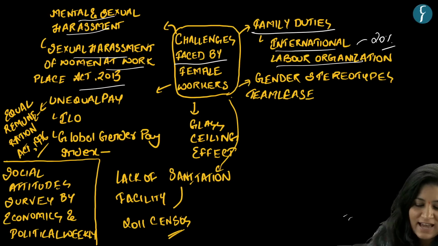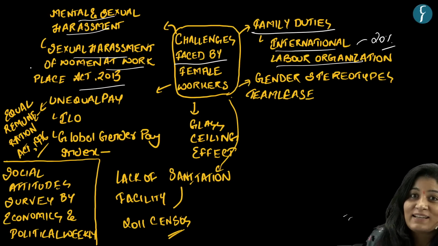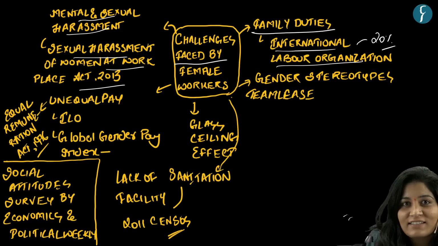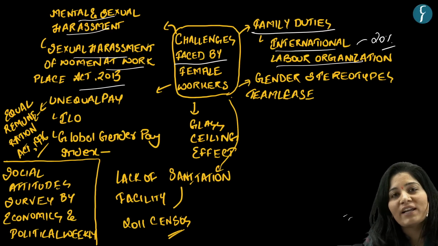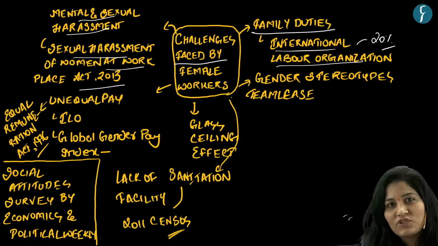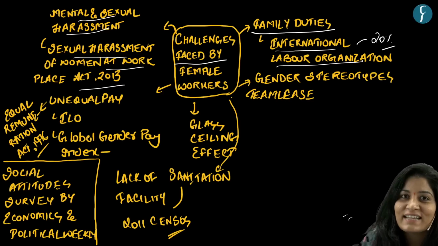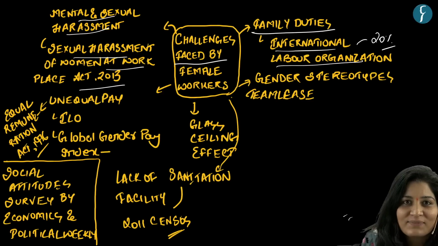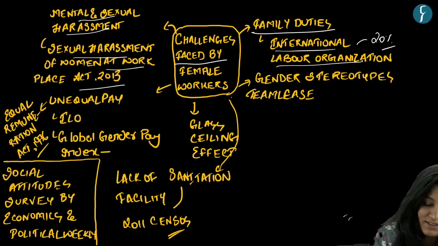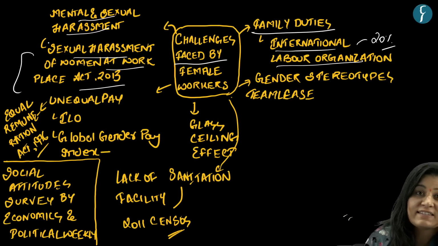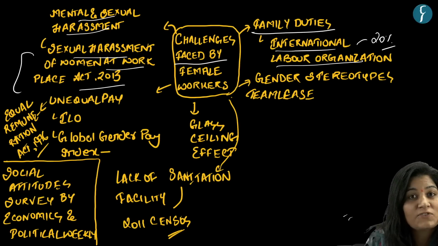So firstly, this acts as a deterrent. Second, there is a provision in this act that every state needs to appoint a district officer in each district to better monitor this act. But states conveniently bypass this. So this is the second challenge faced by working women.